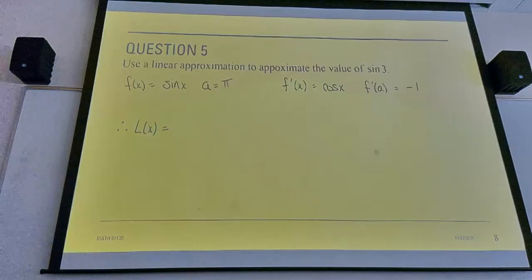What's sine of pi? Zero. There's the linearization, pi minus x.